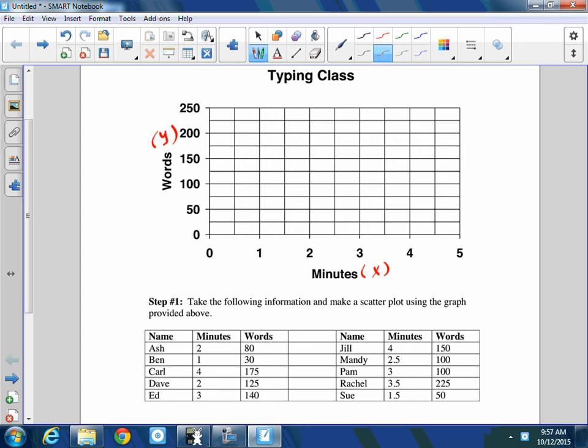So let's see. 2 minutes, 80 words. Then it's 1 minute and 30. Remember, they don't have to be exact.